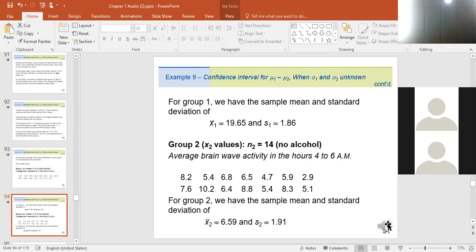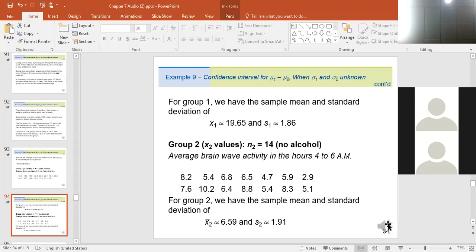What does the statistic tell us here? What is N1? It was on the previous slide anyway. N1 is 15. What is X1 bar? 19.65, and S1, 1.86. And what is N2?